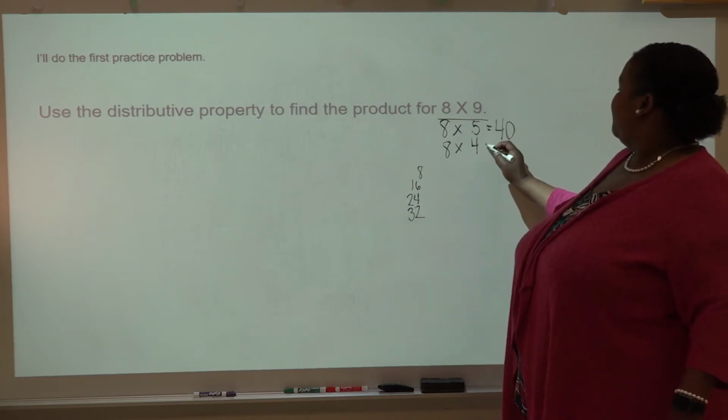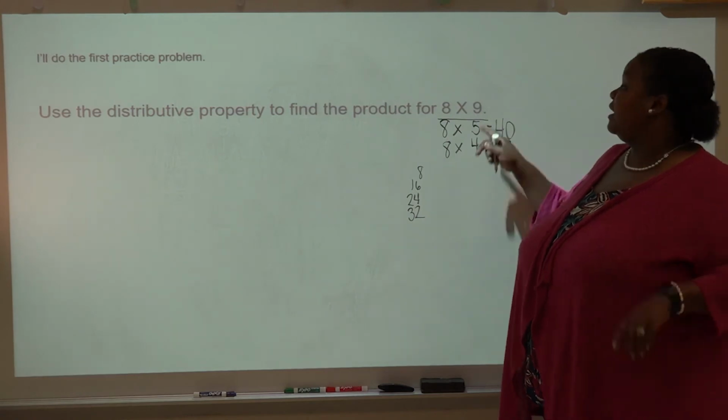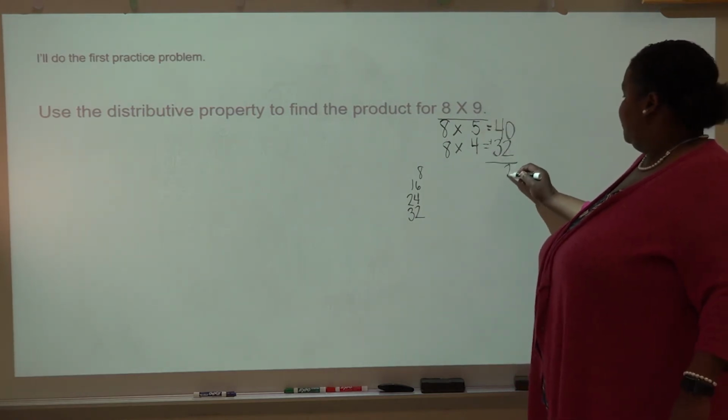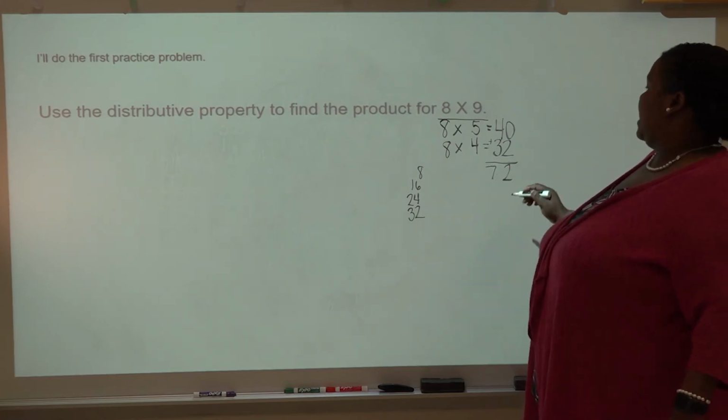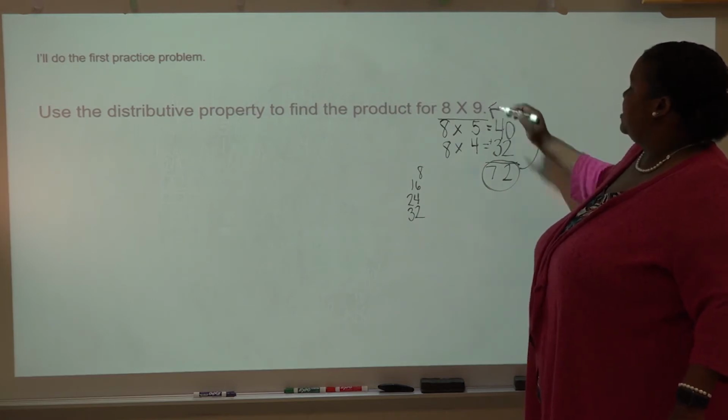Yes. 8 times 4, 32. Now I need to put it back together again to find the product. I'm doing my addition. 2, 7. Okay. 8 times 9 equals 72.